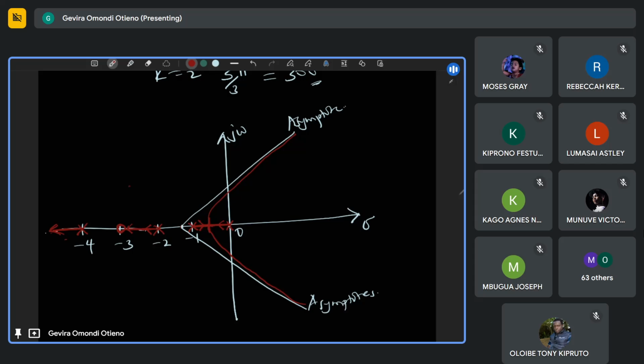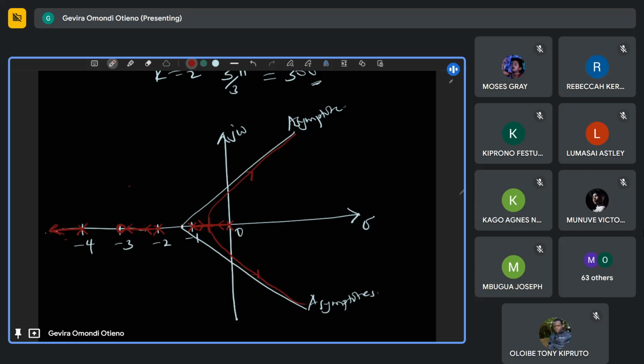Okay? So that is the direction of the root locus. Generally, whatever is drawn in red is the root locus, where the pole at the origin and the pole at -1 will break away at a certain point between 0 and -1. One will go upwards, the other one will go downwards in a symmetrical way. The pole at -2 conveniently finds a 0 at -3, so it terminates there.